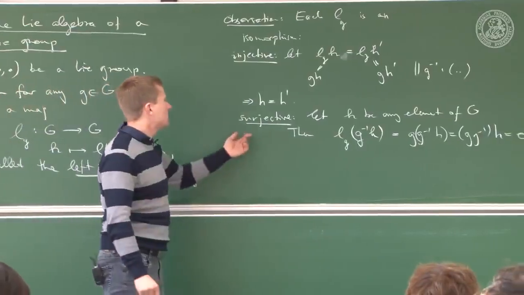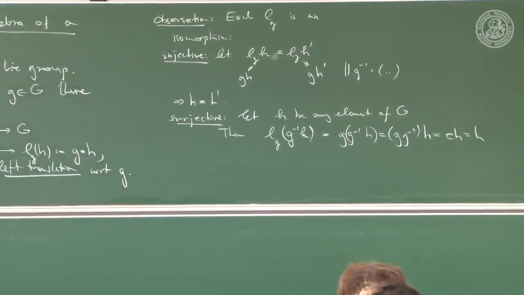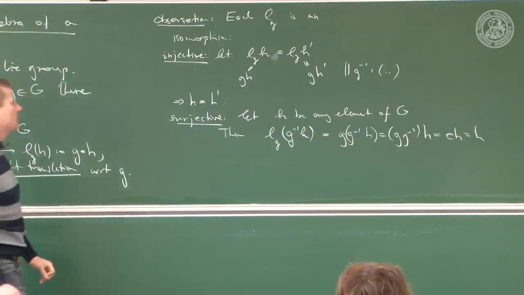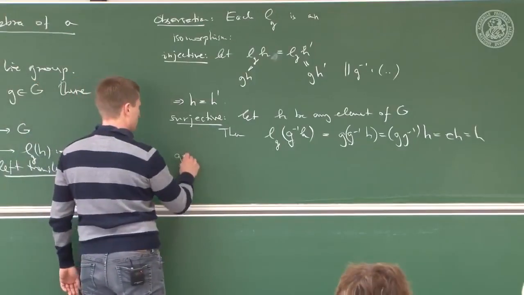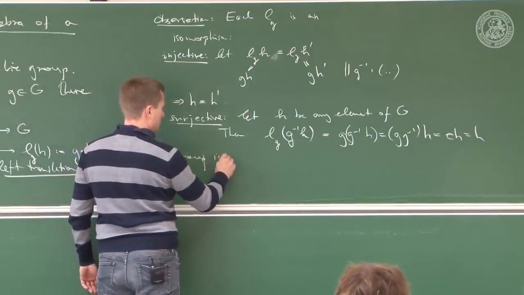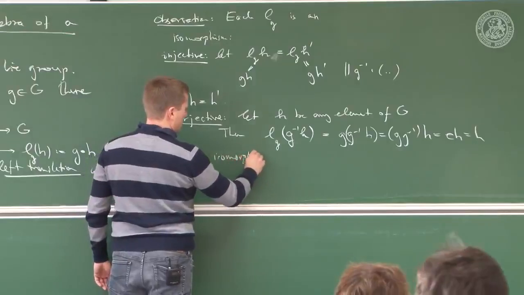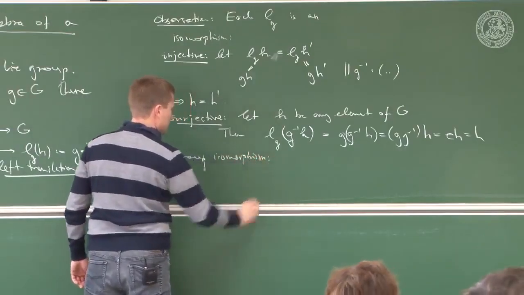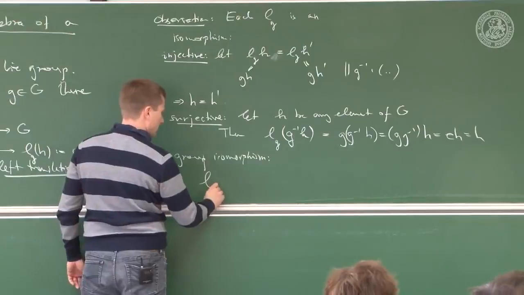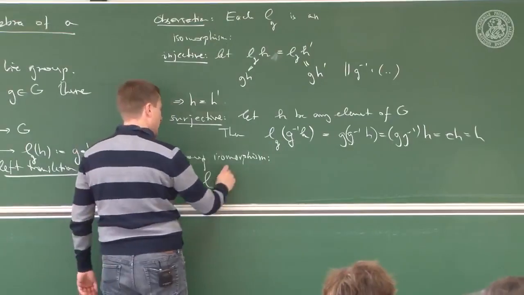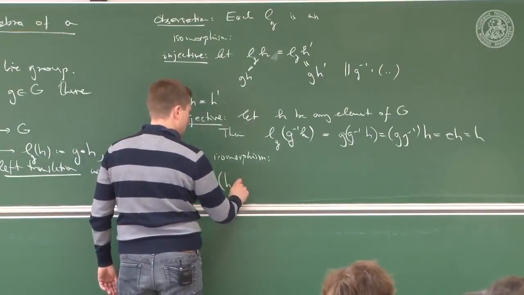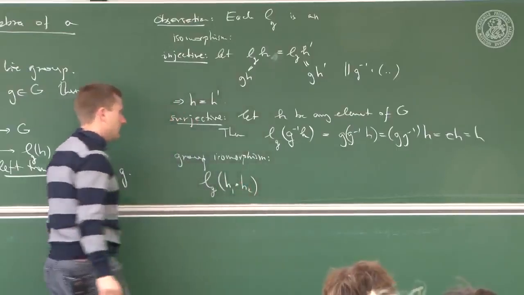Now, is it also a group isomorphism? Well, we have to check whether it's a group isomorphism. Because we already have the bijectivity, we only need to check what happens to LG of H1 group operation H2.